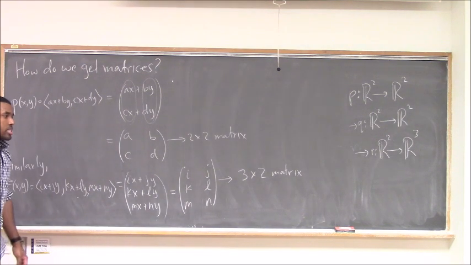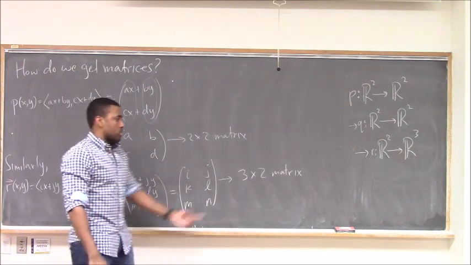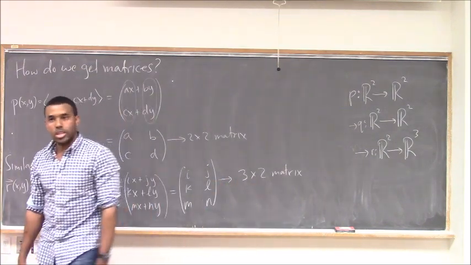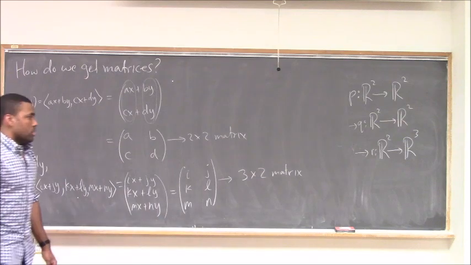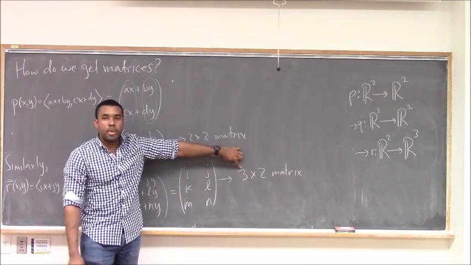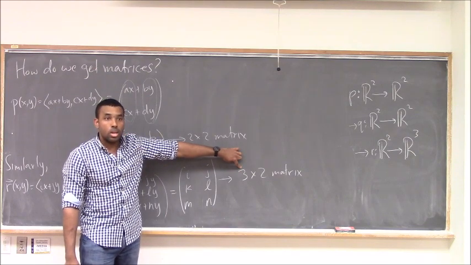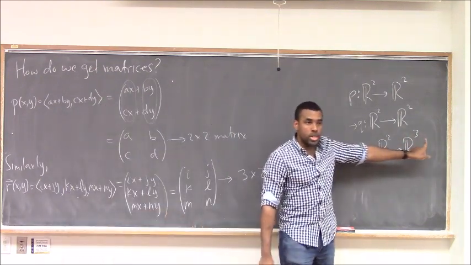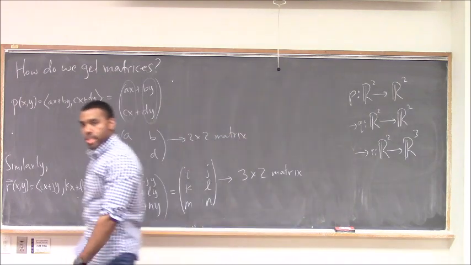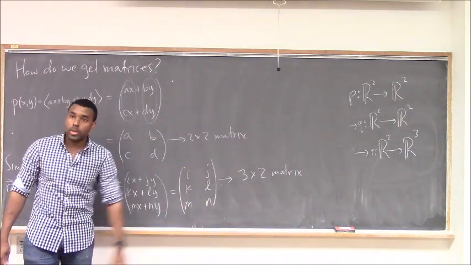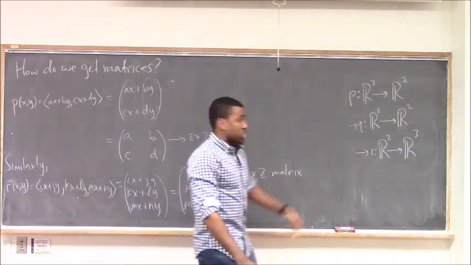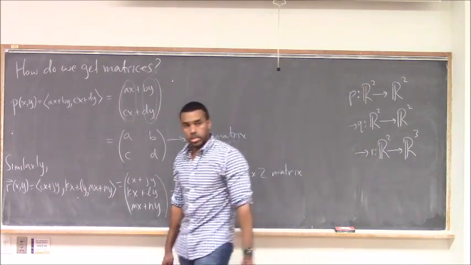But do you understand what the importance of the number of rows and columns would represent here? When I tell you about the number of rows, what am I actually telling you? The dimensions of the output space. If I output into 3 dimensions, I should have 3 rows. The number of columns is going to tell you the dimensions of the input space.